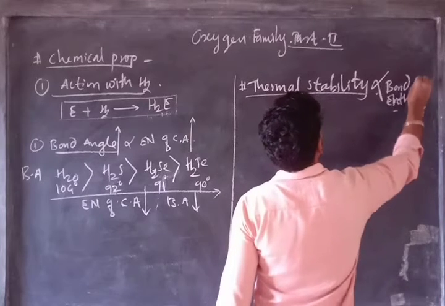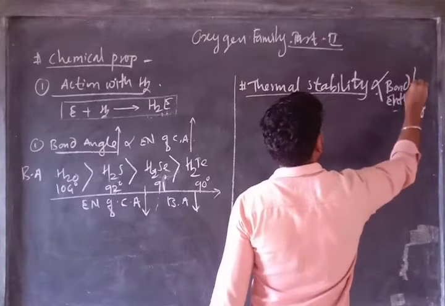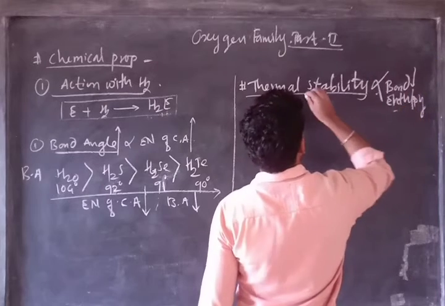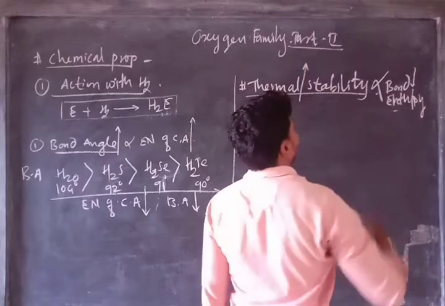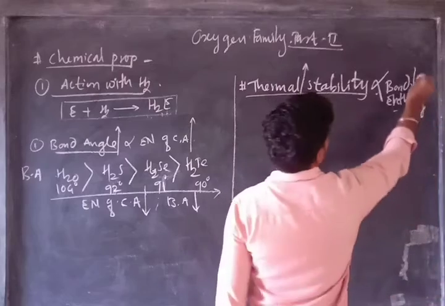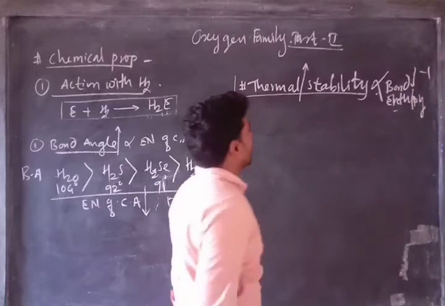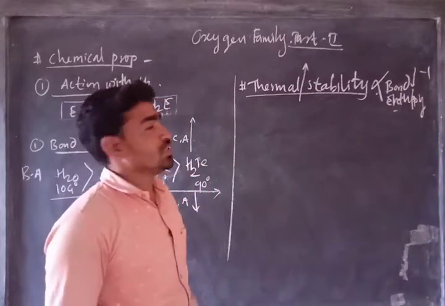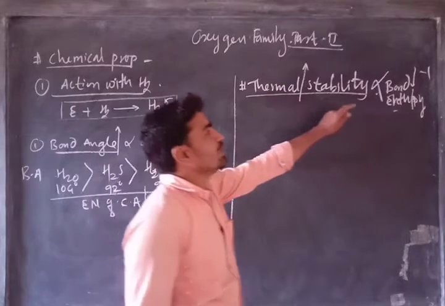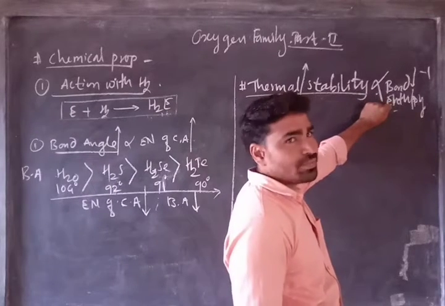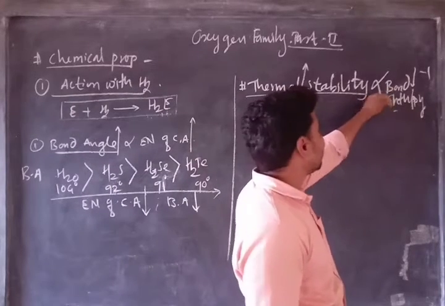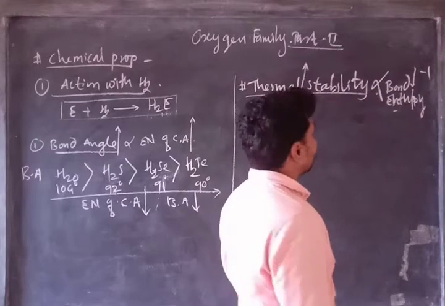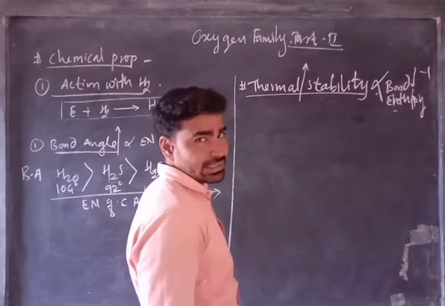As the bond enthalpy decreases, similarly the thermal stability decreases. Let me correct that: thermal stability is directly proportional to the bond enthalpy, and as the bond enthalpy decreases, the thermal stability decreases.